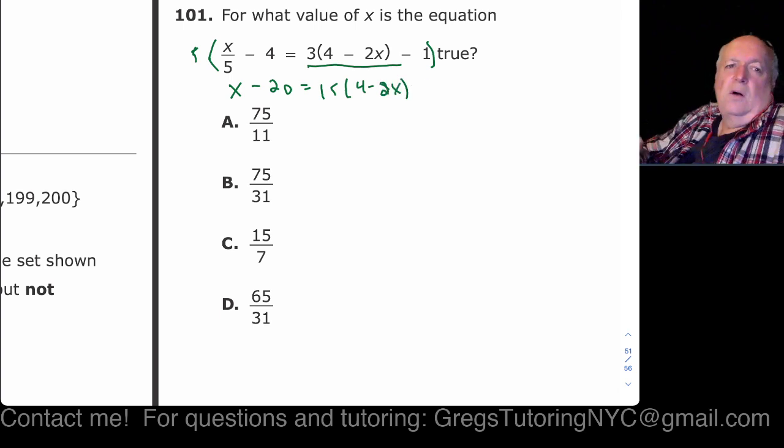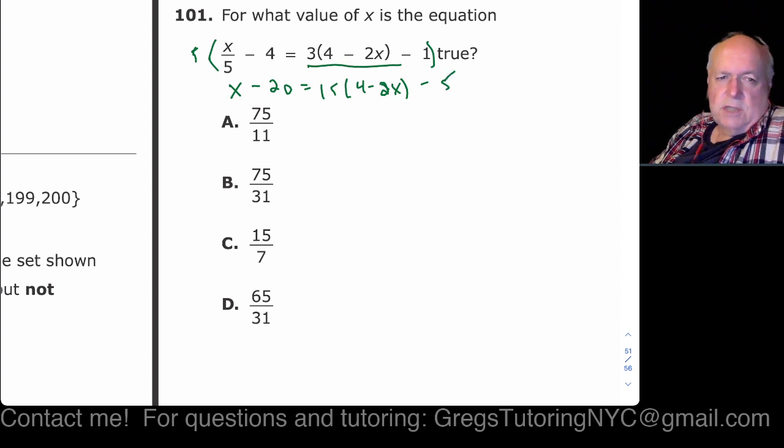All right, so at this point, all I have to do is solve for that. So this is going to be 15 times 4 is 60. And 15 times minus 2x is minus 30x. And at that point, the minus 5 we could just leave alone. And I'm going to swap this because I want to be able to use this all on one line.